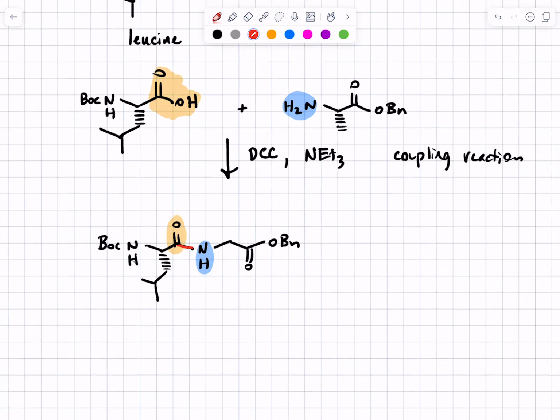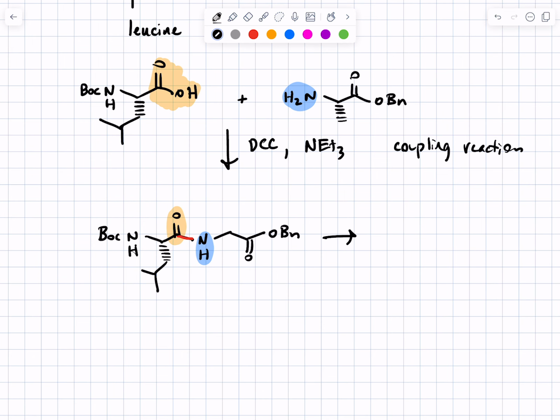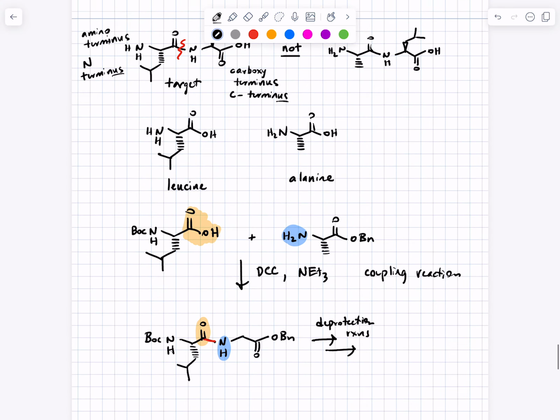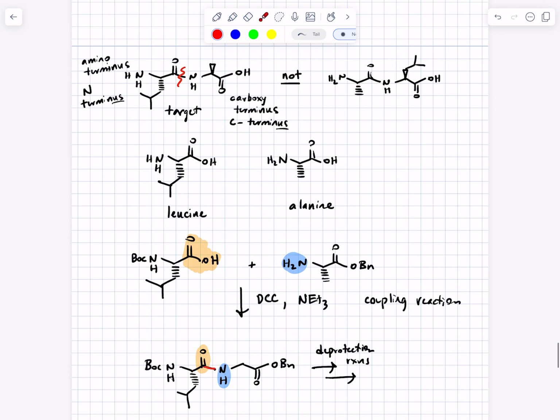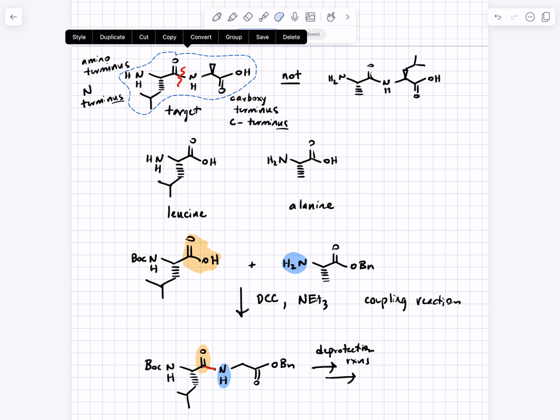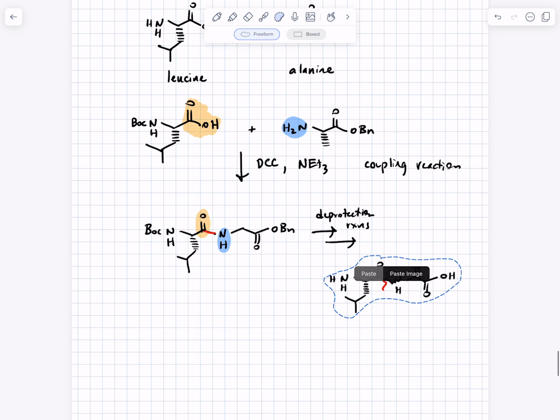Then at that stage, I can do my two deprotection reactions: the hydrogenolysis of the benzyl ester and the acid-catalyzed Boc deprotection reaction, and that's going to unmask my desired dipeptide molecule. All right, so that's the strategy.